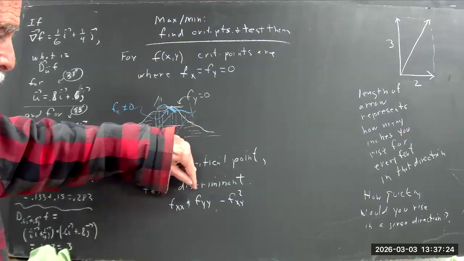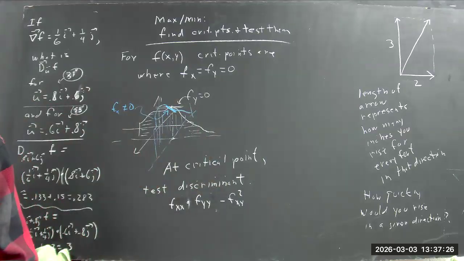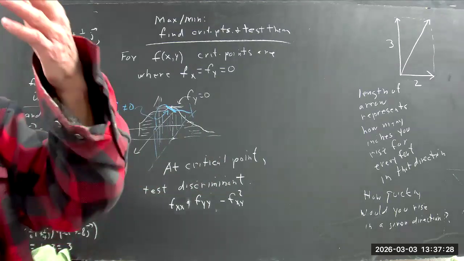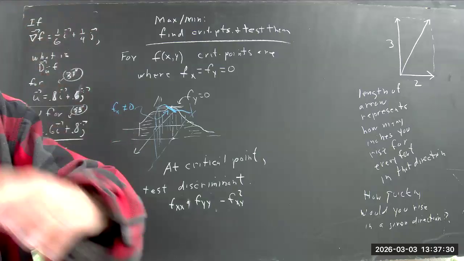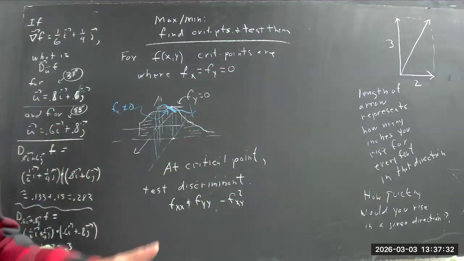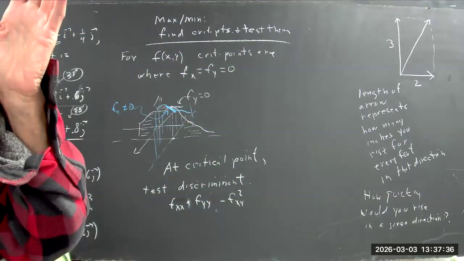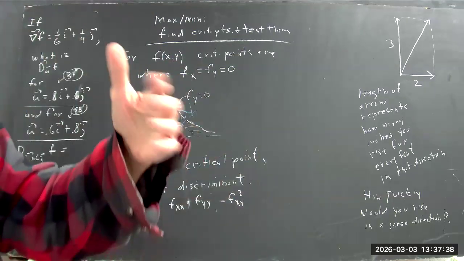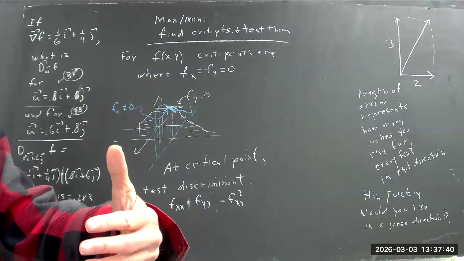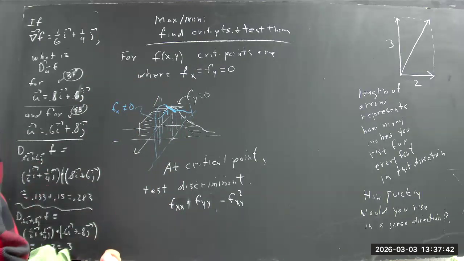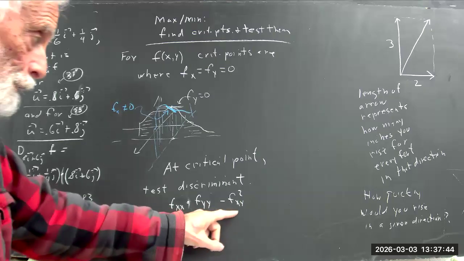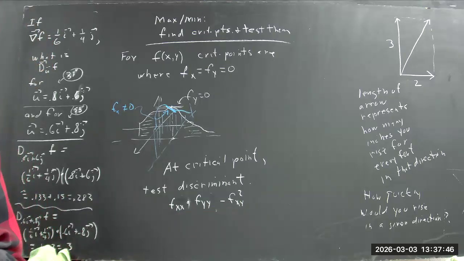If FXX and FYY both have the same sign, that means it's concave in the same way here as it is in this direction. It's concave up in the X direction, concave up in the Y direction, which means you have a minimum. Unless this thing gets in the way. We'll talk about that in a minute.